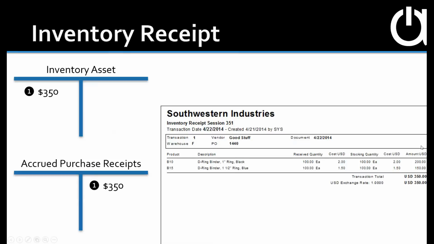I verify that that's the right cost. When I enter the vendor bill in Acctivate, it's actually going to go back to this original receipt and say, wait a minute, this is supposed to be $2.25. It will update the receipt. So it's going to update this original transaction of inventory asset and accrued purchase receipts.